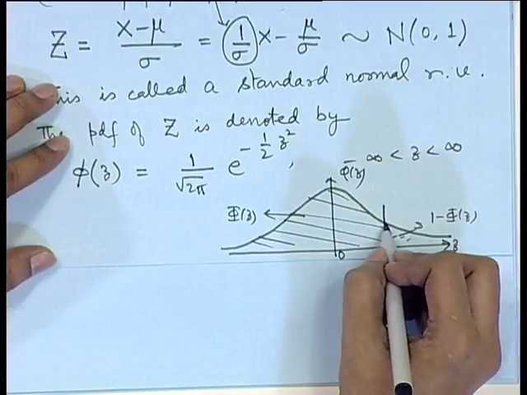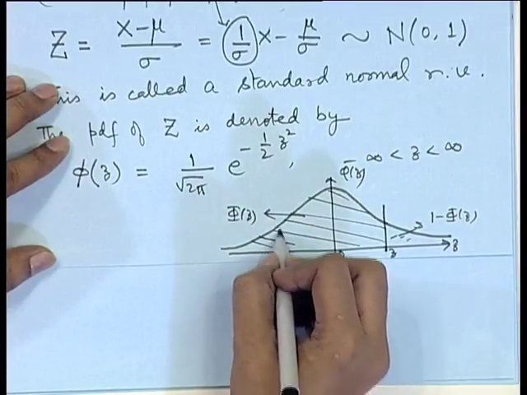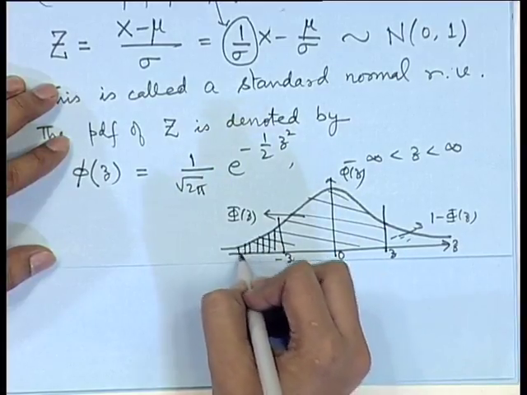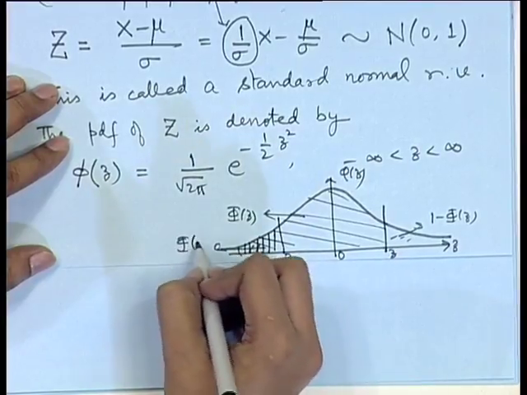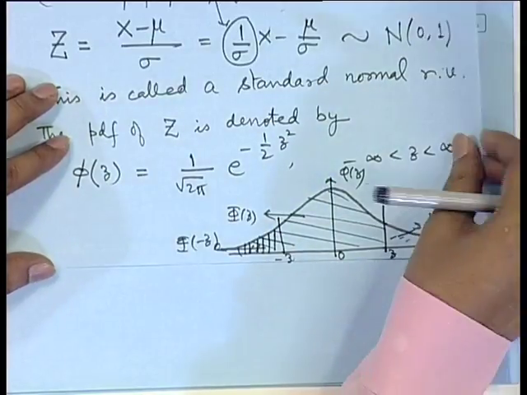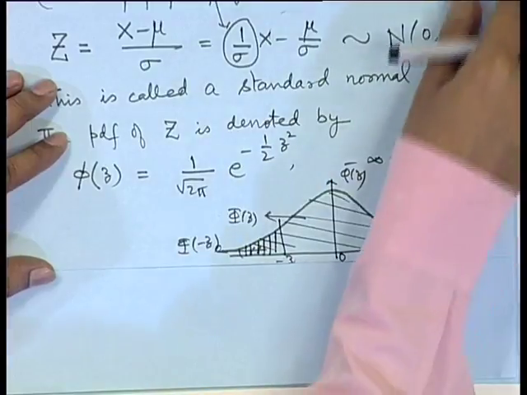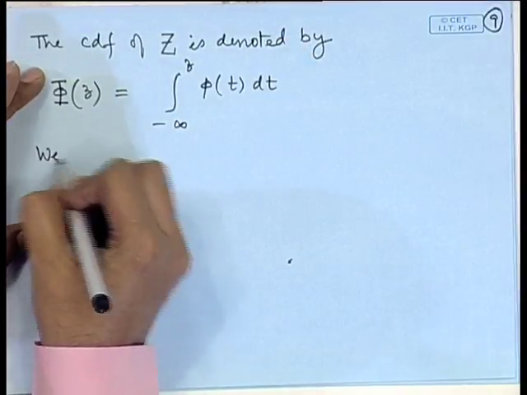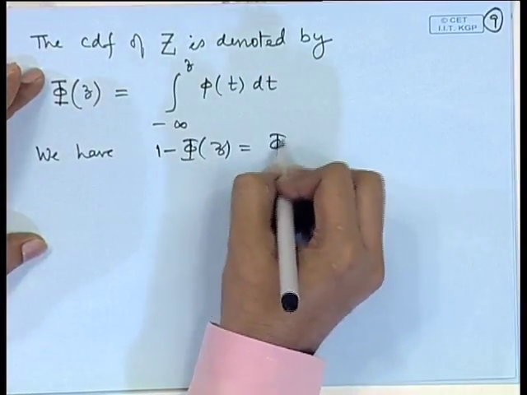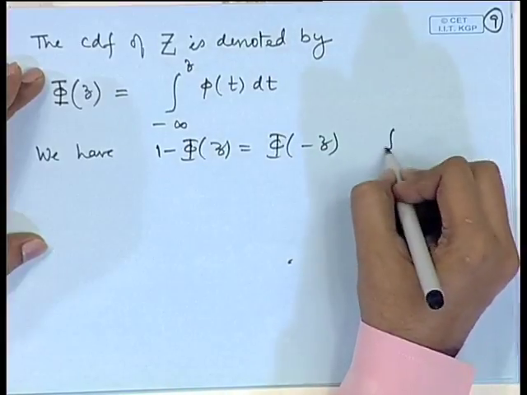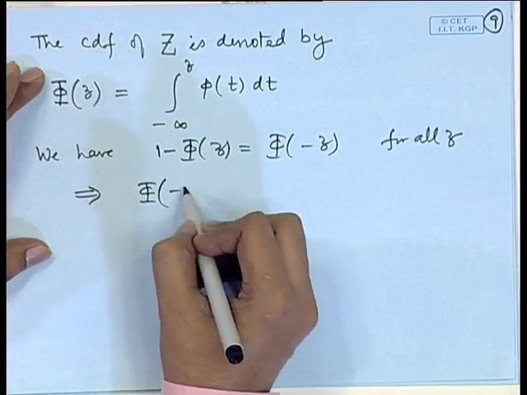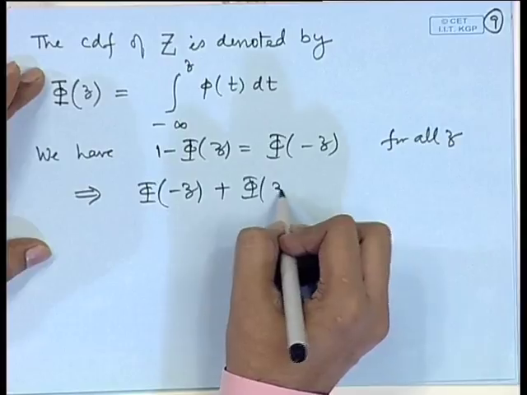By symmetry of distribution, if we consider the corresponding point minus z here, then the area here is phi of minus z, which shows that 1 minus phi of z is equal to phi of minus z. This is true for all z. That means, we can write phi of minus z plus phi of z is equal to 1.